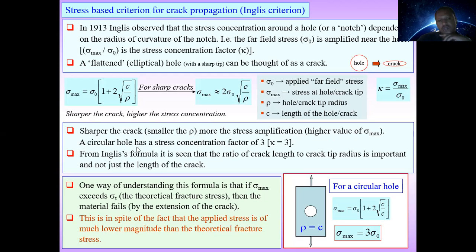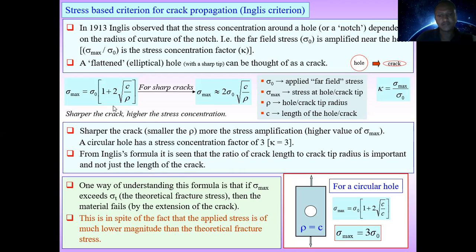The circular hole has a stress concentration factor of 3, that is K equals 3, from Inglis. That means what? For a circular hole, C and rho are equal. That means C over rho is 1, radical 1 is 1, then 2 times radical 1 gives us 2, 2 plus 1 is 3.